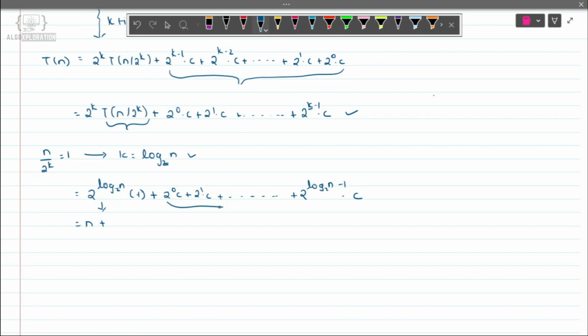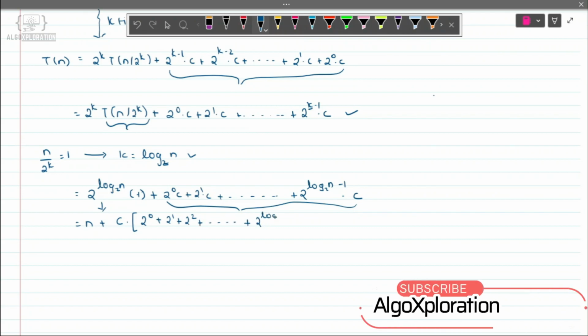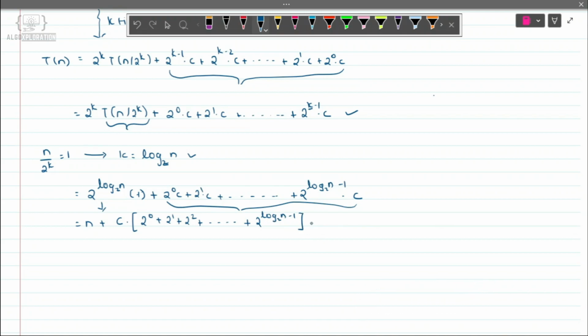Pulling the c out from this part, we get c into 2^0 plus 2^1 plus 2^2 and so on till 2^(log n base 2 minus 1). Now this is the GP series.